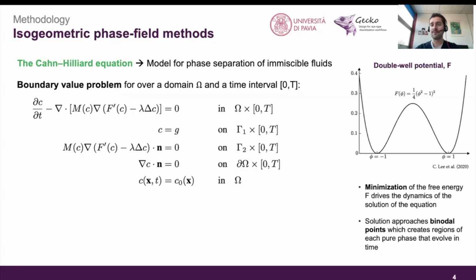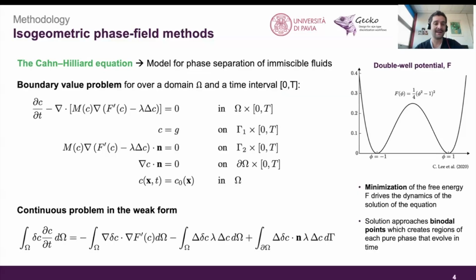Now, also a couple of words regarding the double well potential F. The minimization of this free energy is what drives the dynamics of the solution, and as we approach the binodal points, which are the two minima of this double well potential, we see the formation of equilibrium phases separated by the interfaces.